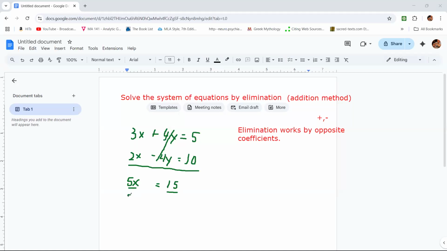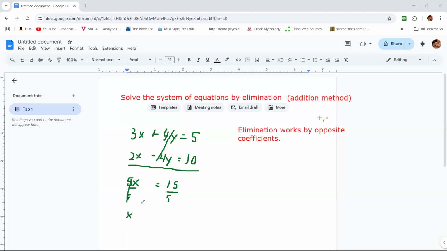I divide by 5 on this side and by 5 on the other. A little bit small, but let me try that again. There you go. So now x, remember here I'm dividing, so this is 1.